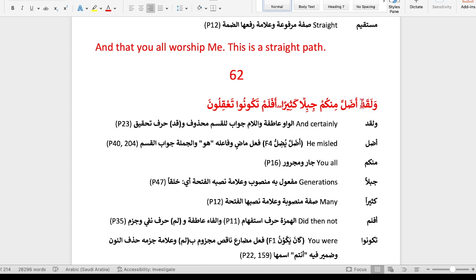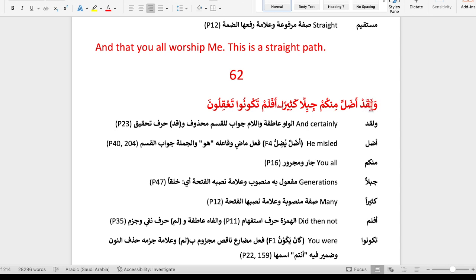And when you don't see qasam, then think that this is mahzoof, but it has the same, qasam comes for emphasis. If you are swearing on something, that means you are trying to emphasize your point, what you're going to say.